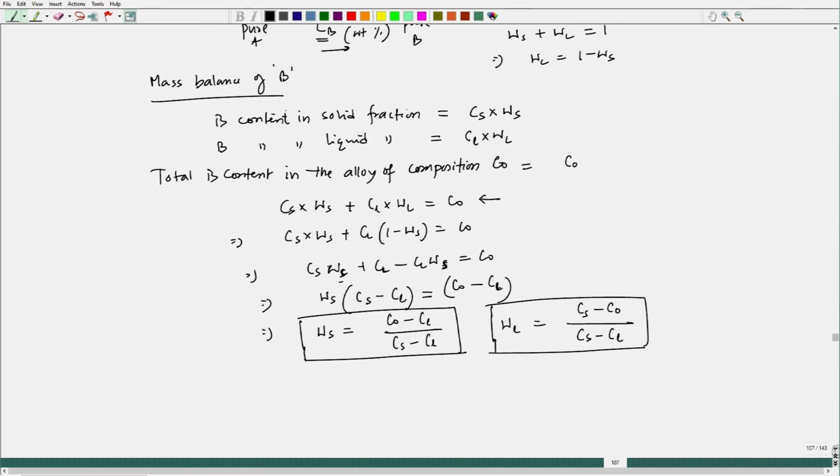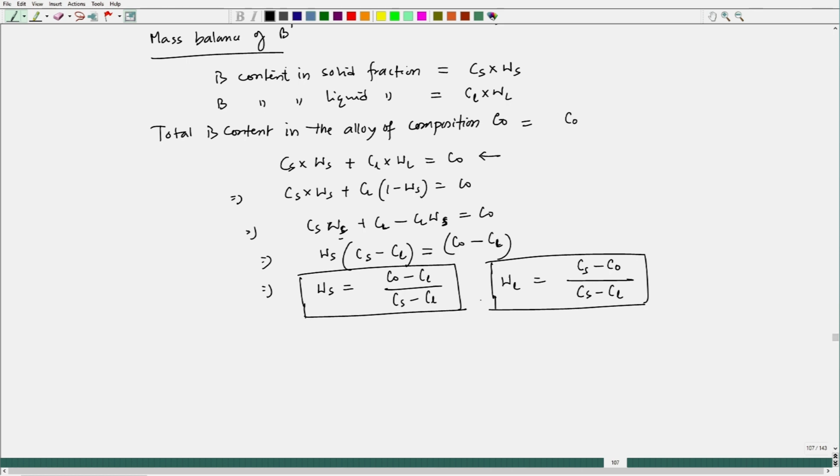Okay. So, now if you see, these two things are actually like this. You have this composition as Cl, this composition is Cs, and this is C naught, the alloy composition.